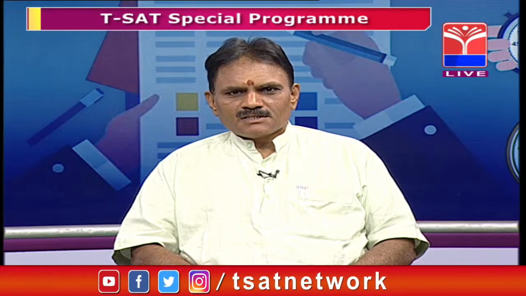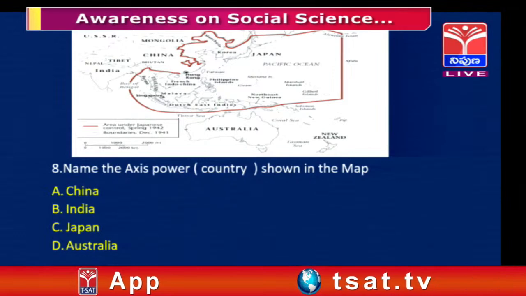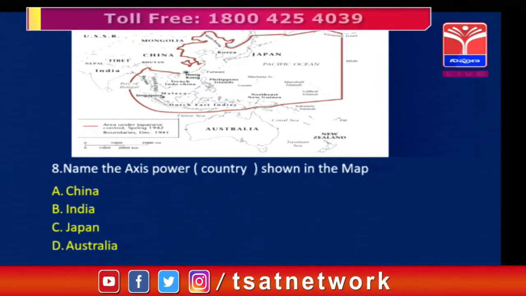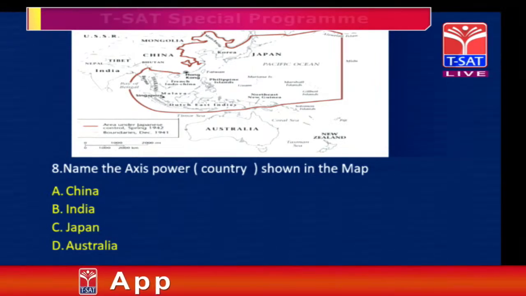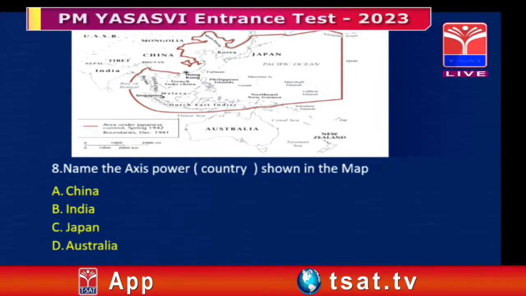It is clearly given with the red line marking, the area under Japanese control, in spring 1942, with boundaries given in December 1941. That information is clearly given.